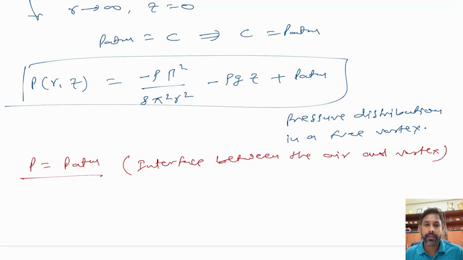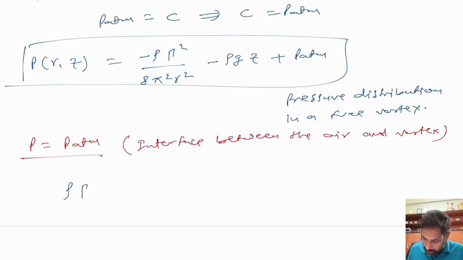That will be the interface between these two fluids. So that will give us rho gamma square over 8 pi square r square equal to rho gz, where I'll pull it this side.